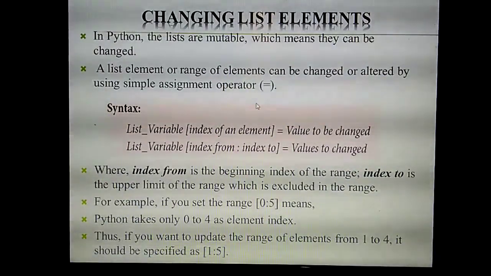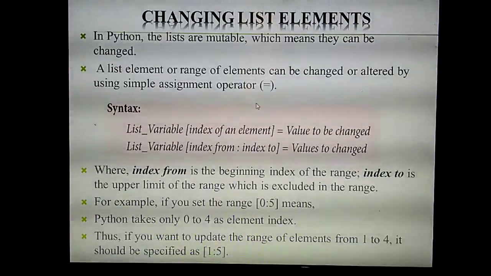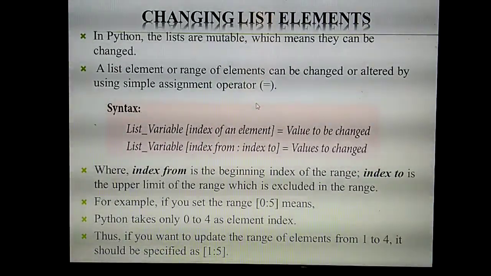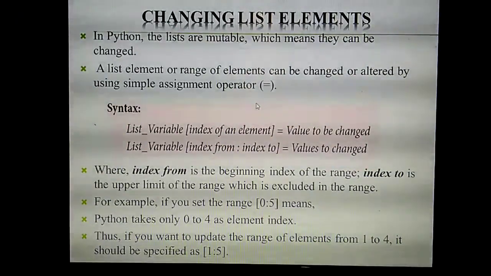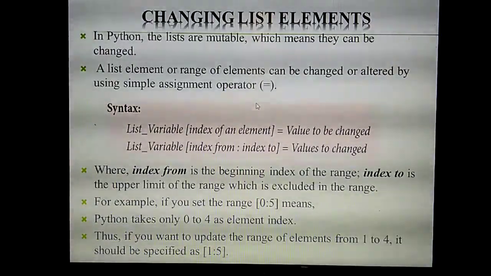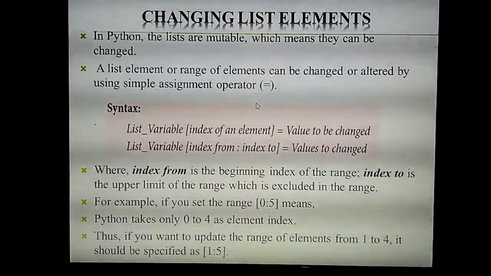So all the modifications you can do inside the list. But strings you can't modify. So we call Python lists mutable. You can change any values.